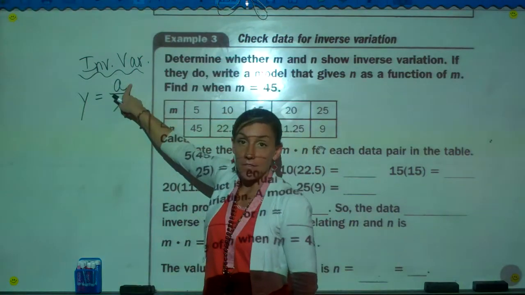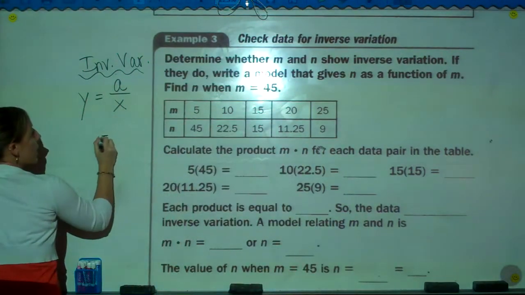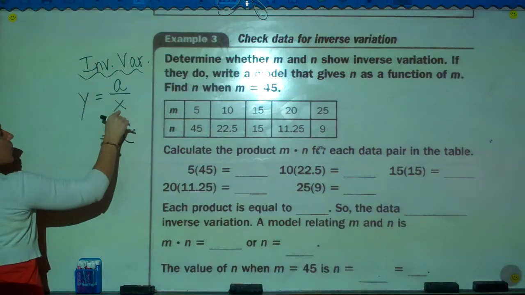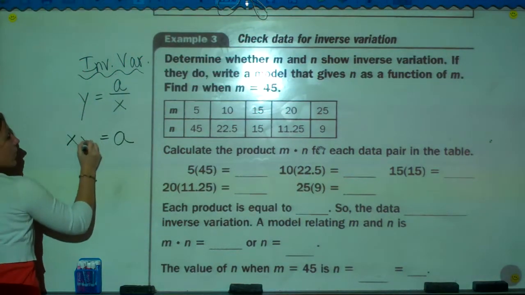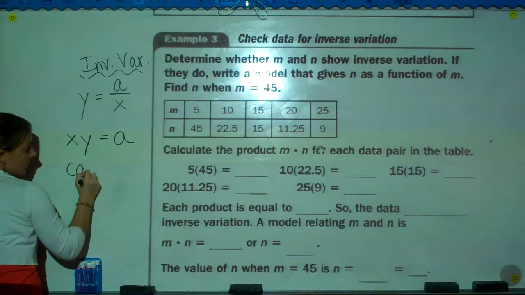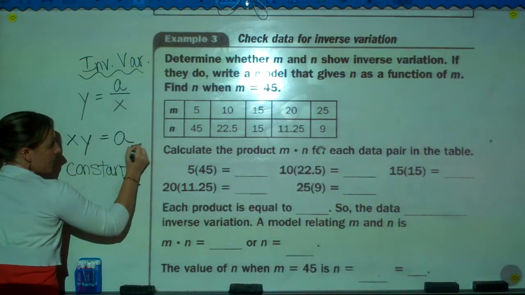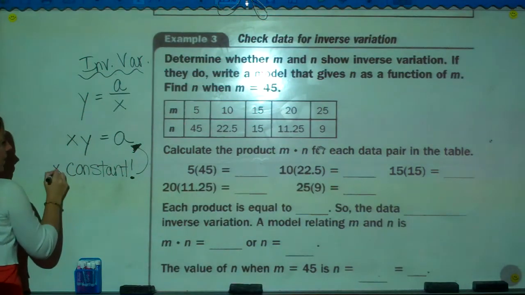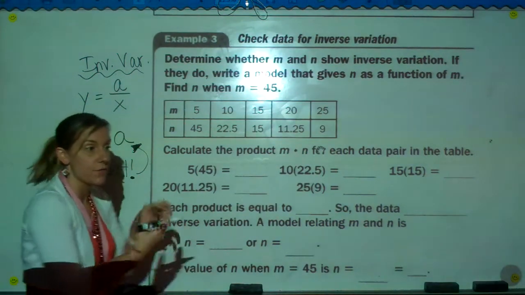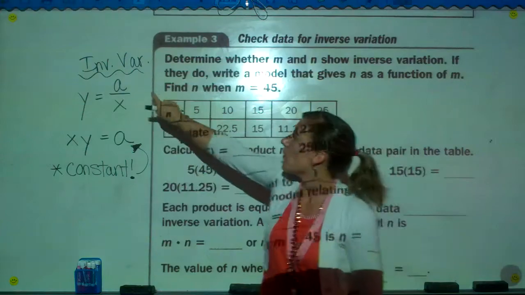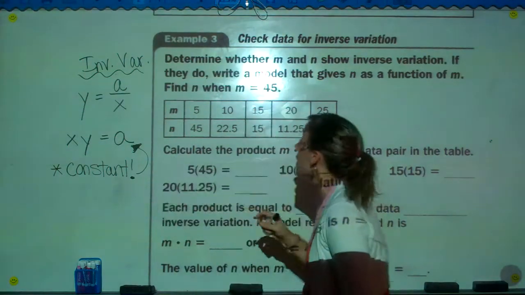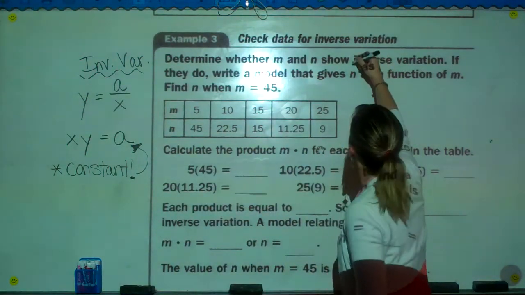And then that always gave us our constant. So as a shortcut, if you always just want to take x and multiply it over, that will give us the constant every time. That's a shortcut to find out what would go in that numerator.